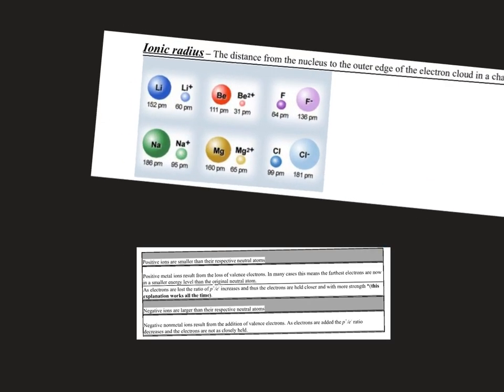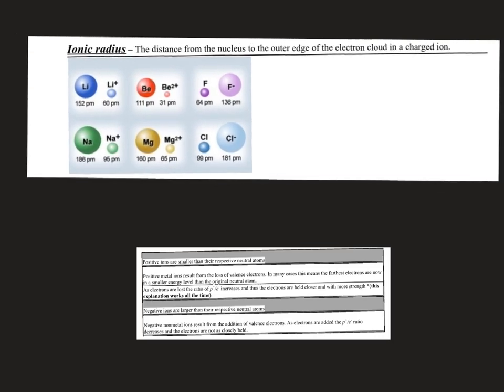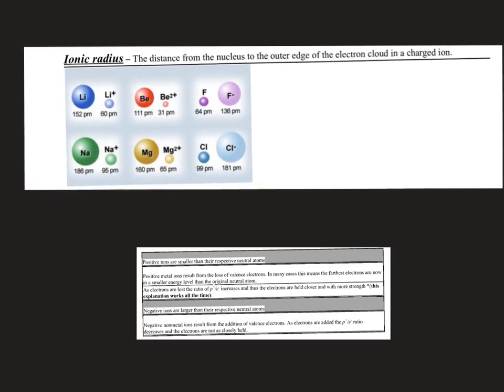In addition to atomic radius, we also have something called ionic radius. Ionic radius deals specifically with an ion. Ions are when we lose or gain electrons in order to have an overall net charge. So when you're dealing with an ion, we're no longer saying atomic number is equal to protons is equal to electrons.